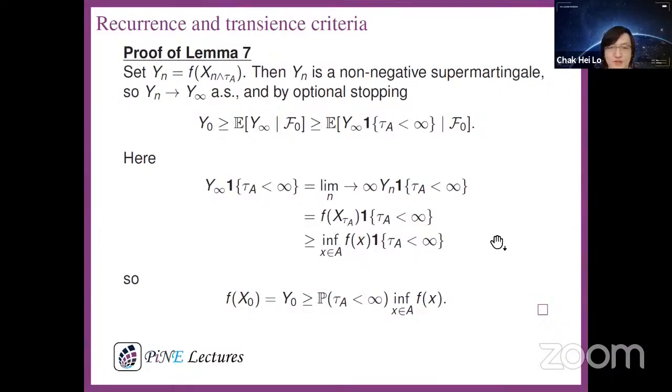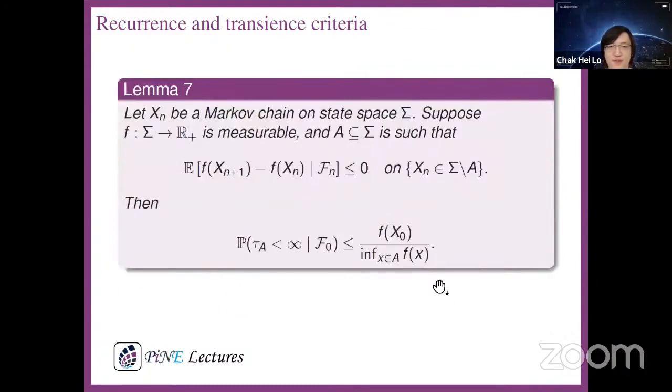If we look at this, f(X0) is just Y0 by the setting here, which is greater than or equal to the probability of tau A less than infinity times this. What we have done here is just take the expectation. So we're done. Rearranging, we achieve this fact.